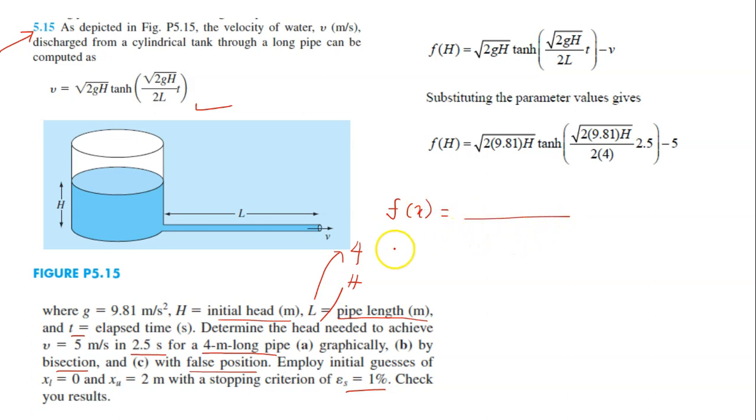Okay, in order for you to do that, you can actually bring this v to the other side of the equation, and this should be minus v. Then it becomes fx equals to this whole thing minus v. Something like this. Okay?